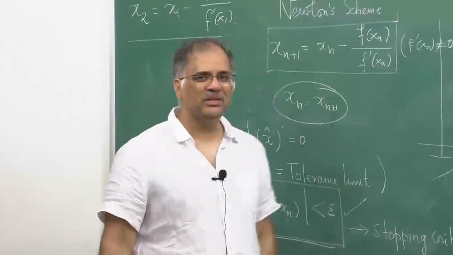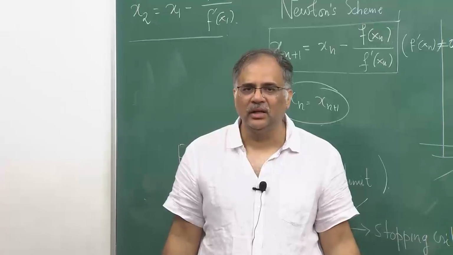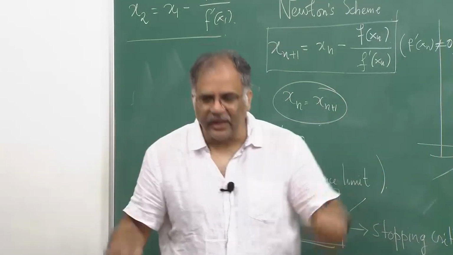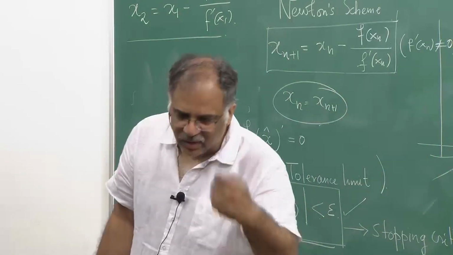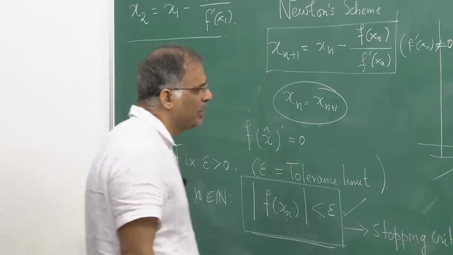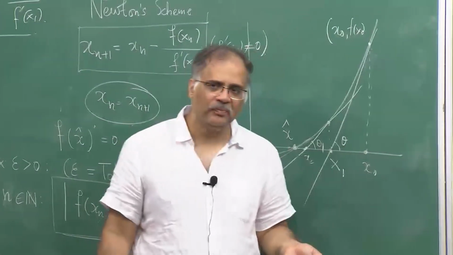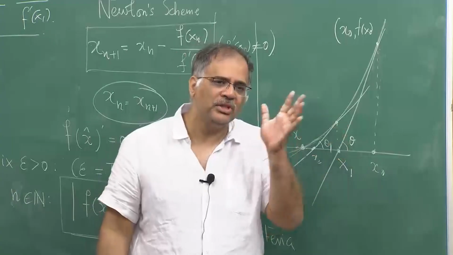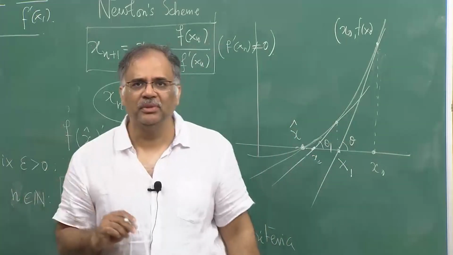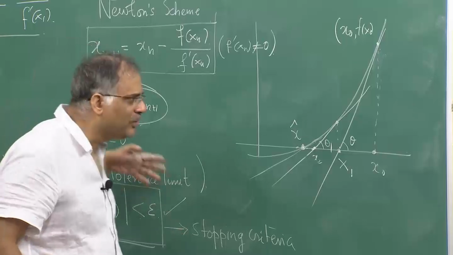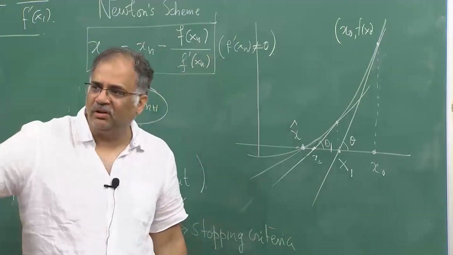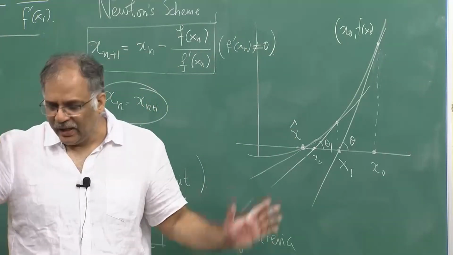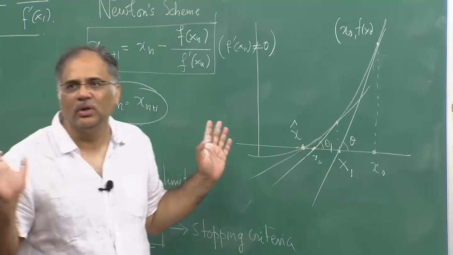Now you might say, what is the use? How do I know a delta around x hat, I do not know my x hat. So here again it is guess and test. This is the art of actually computing: you start with an x naught, and if you see that you are not converging after a long time, then you understand something else has happened, and you change your x naught. Another way, now with mathematical software, is that you can graph the function and try to guess where to start.